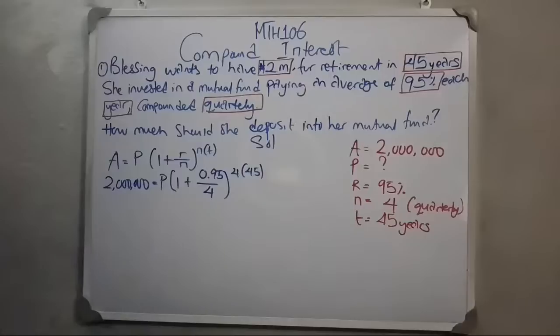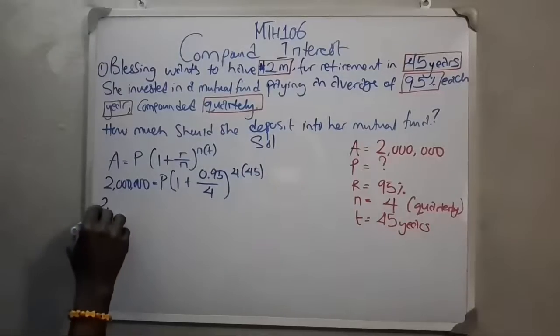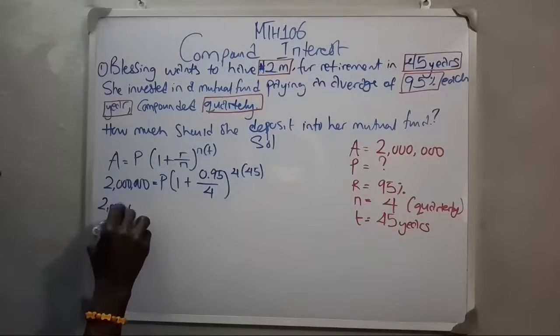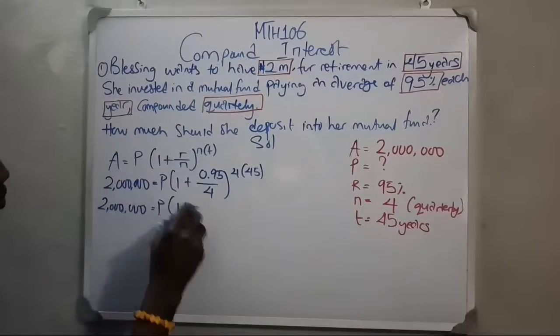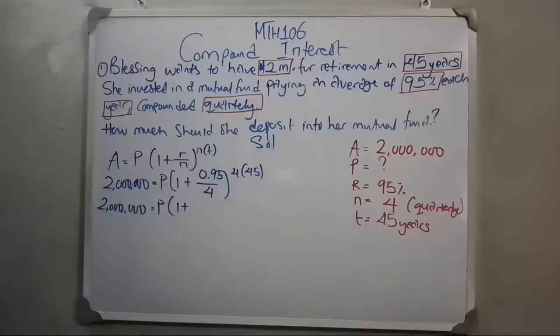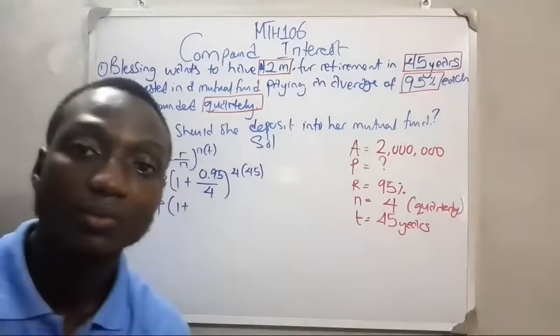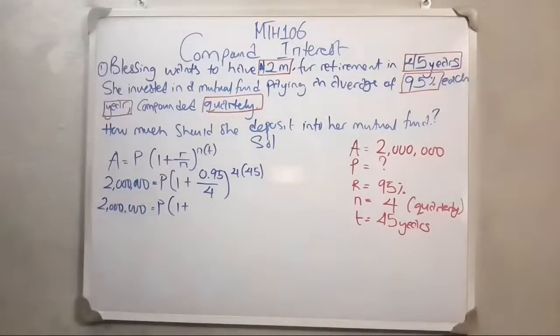Now we have 2 million. I believe we are all on the same page. Are we all together? 1 plus 0.95 divided by 4. Please, let's be proactive.